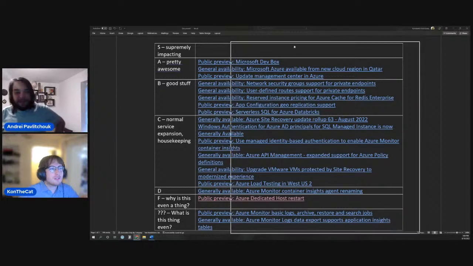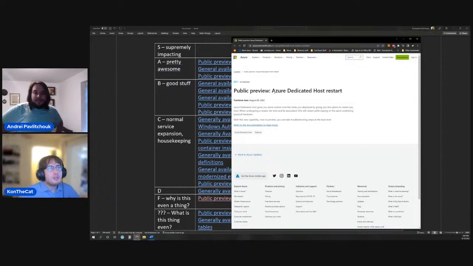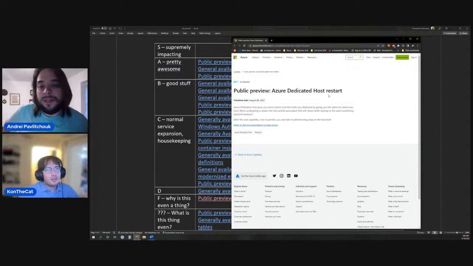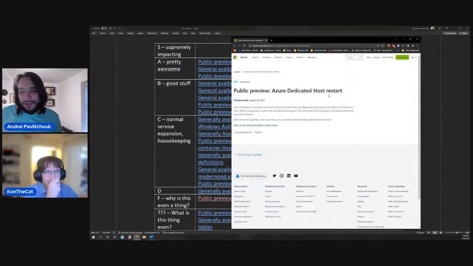So in F tier, we have this public preview of Azure Dedicated Host Restart. Okay. I'm just going to wait for this one to land in terms of why this is an F tier. Yeah.